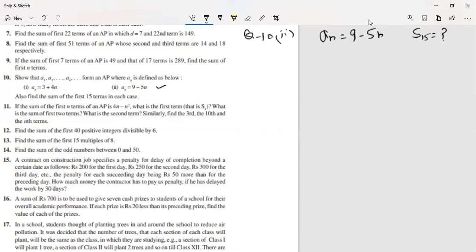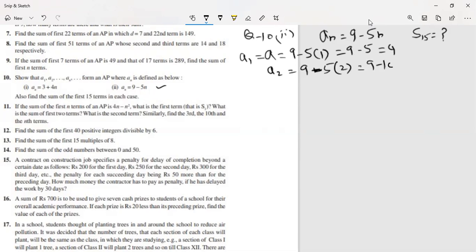After proving that it is an AP, the first term A will be equal to 9 minus 5 into 1, so 9 minus 5 is equal to 4. Then the second term is 9 minus 5 into 2, 9 minus 10, that is equal to minus 1.